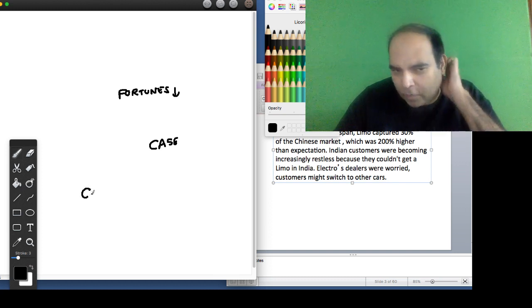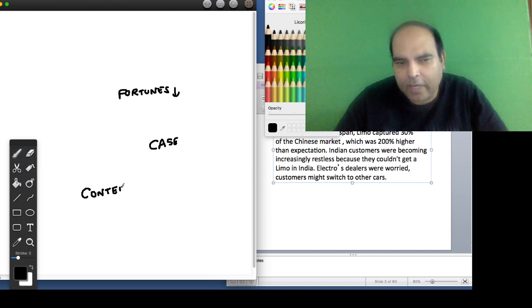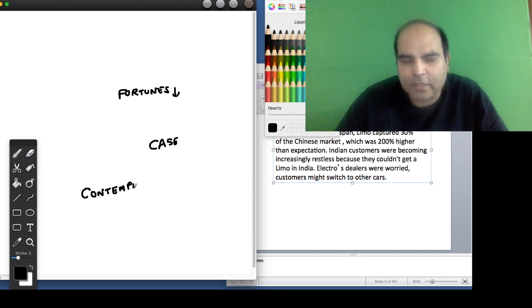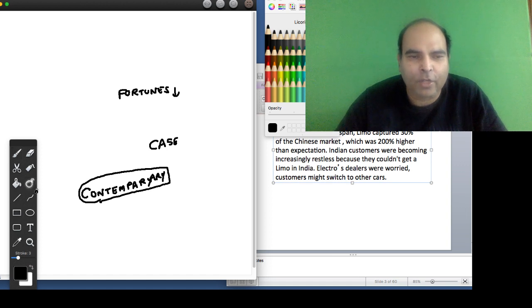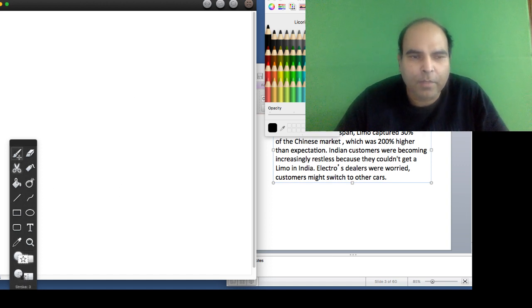that there is a very high degree of contemporariness in these cases. So very contemporary cases, in the sense that you will see something you've been reading in the newspapers around you included inside the ZAT immediately.